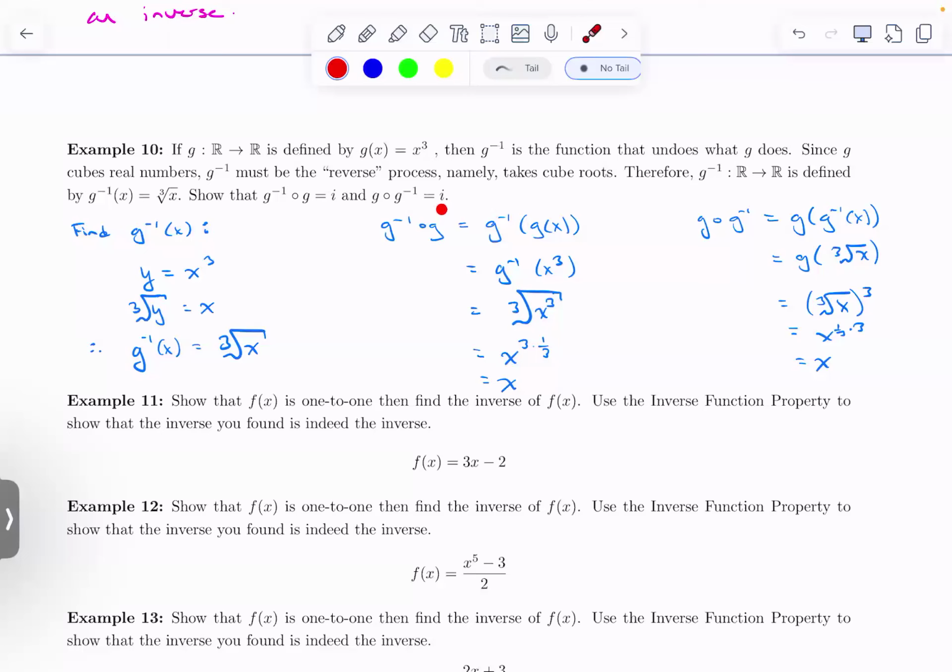Which is the identity, right? It is just x. Therefore, G inverse of x equal to the third root of x is indeed the inverse of G of x equal to x to the 3.